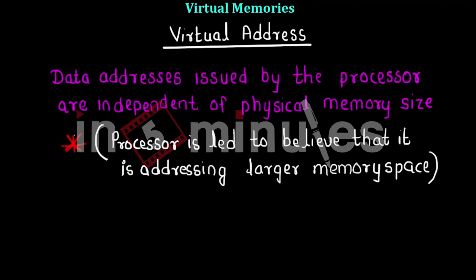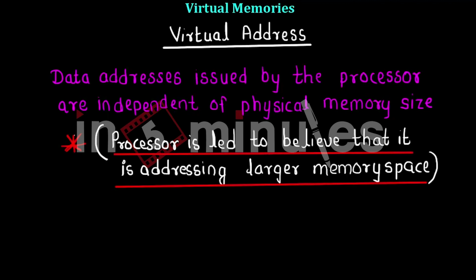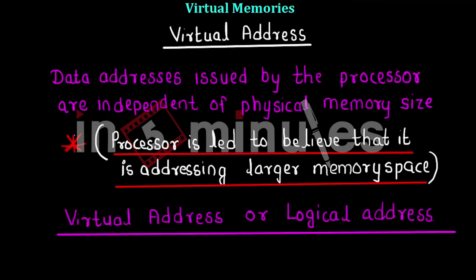This is the key concept in virtual memory, that the processor is led to believe that it is addressing a larger memory space than that of physical memory. This is achieved by the virtual address or a logical address. The processor is going to have any address in the virtual address space, and it is later translated into the physical address so that the memory is accessed.